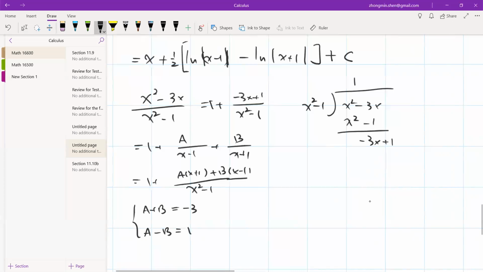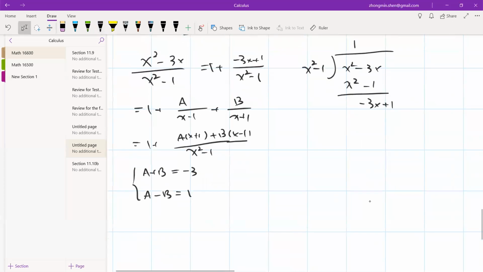Then from here you solve for A and B. This is 1 plus (A plus B)x plus (A minus B) over x squared minus 1. So you compare those two numerators and you get these equations.